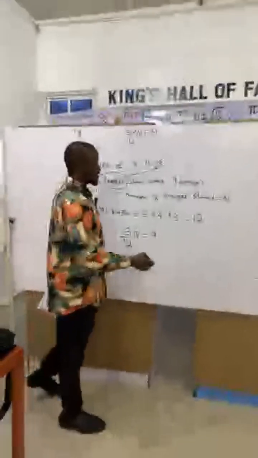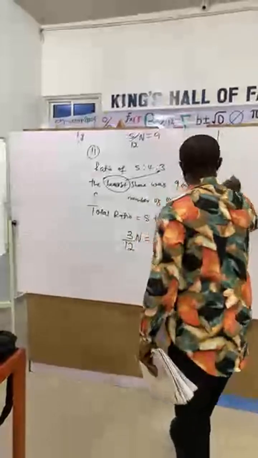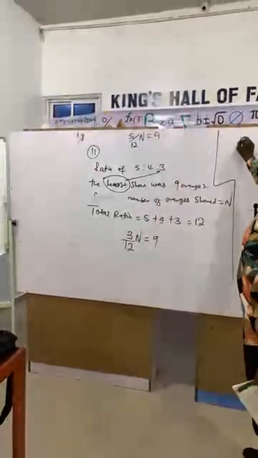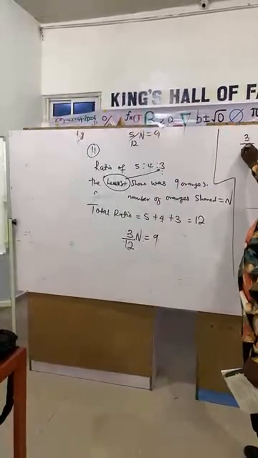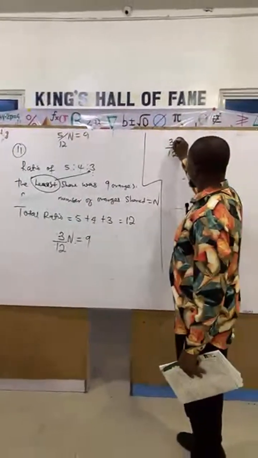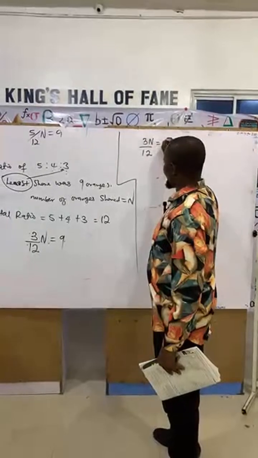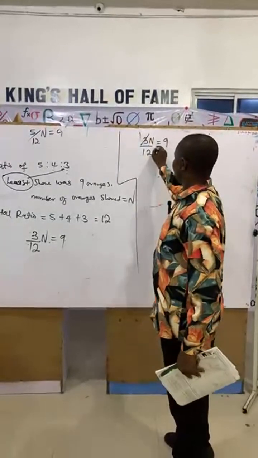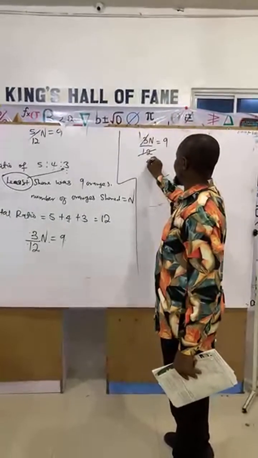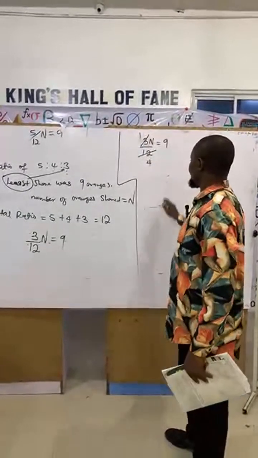This is to say that 3 over 12 n equals 9. 3 can cancel itself once, and into 12 it goes 4 times. Is that true?